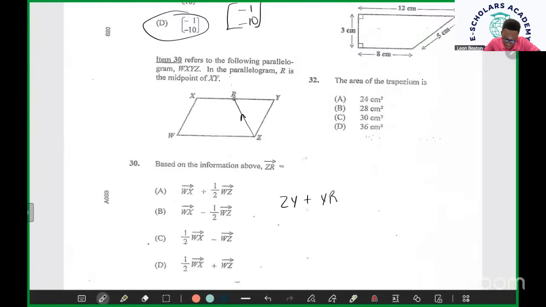Let me see what they got as the answer. We know these two sides are parallel, so instead of ZY, we can say WX as well. So ZY is the same as WX.